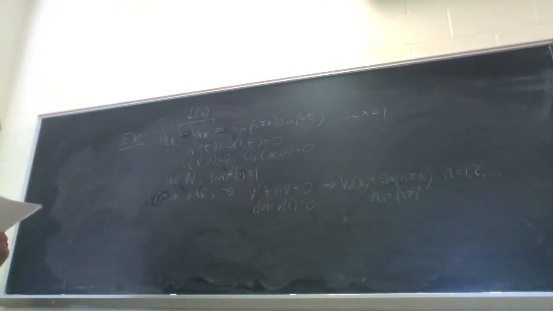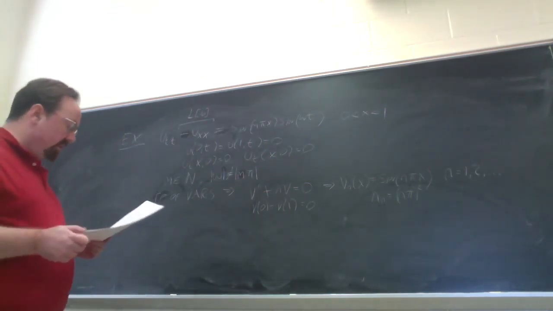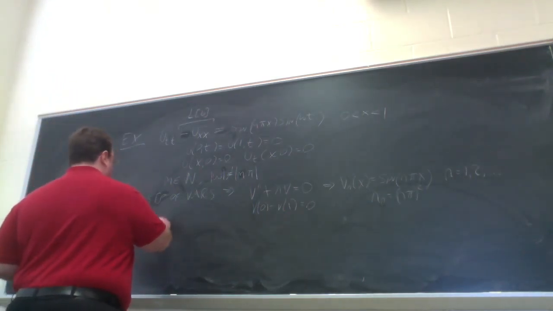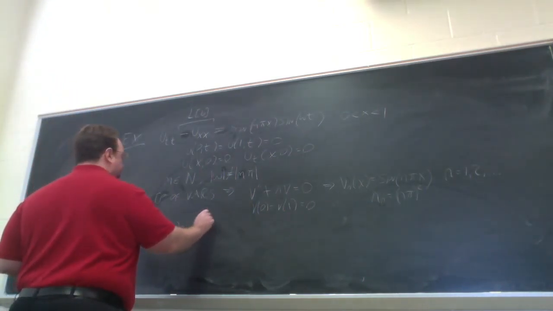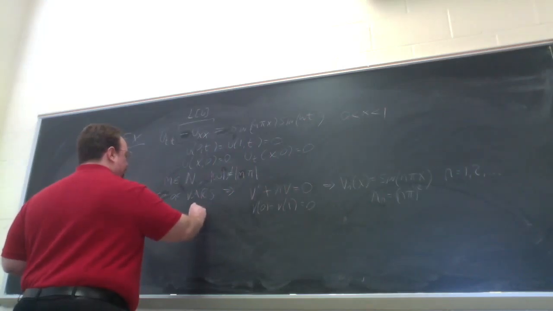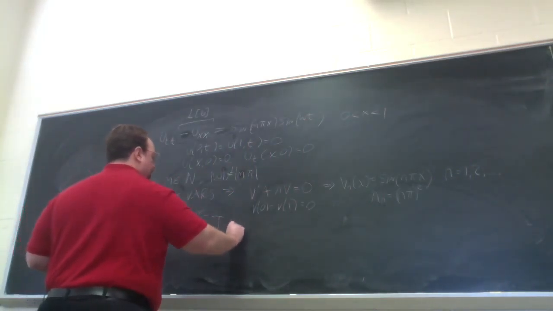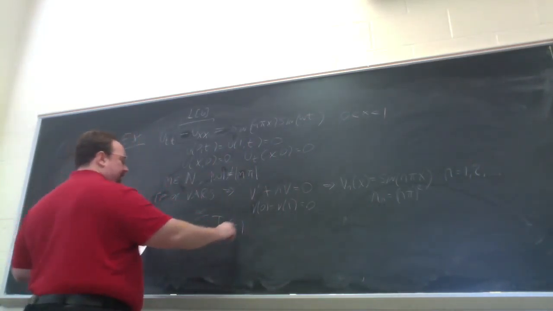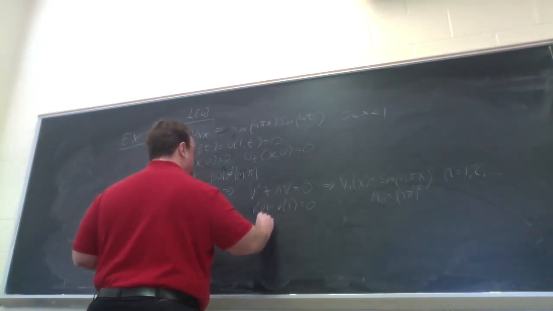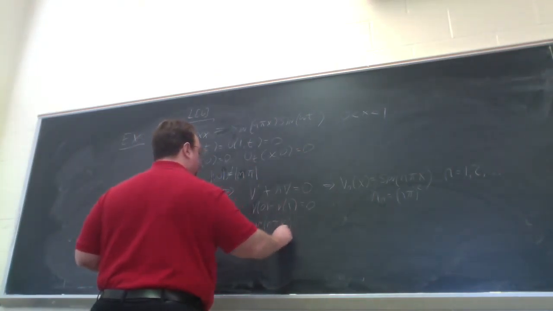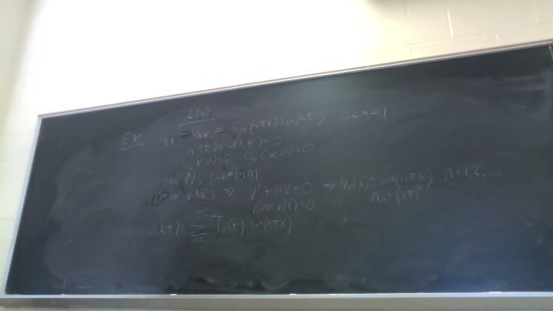Okay. So now I represent the solution in this form, slight change in notation. So capital Tn of t are our coefficients that we're after. And this is our eigenfunction expansion of a solution.